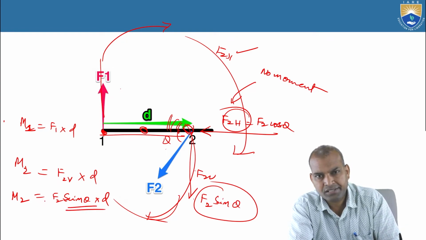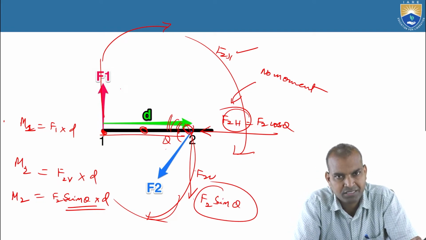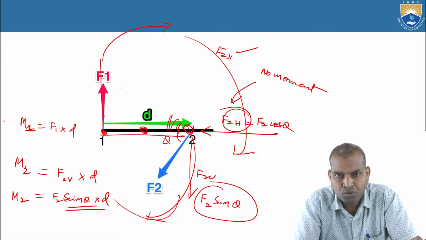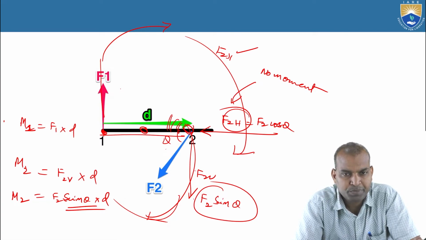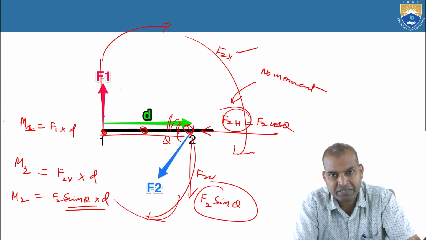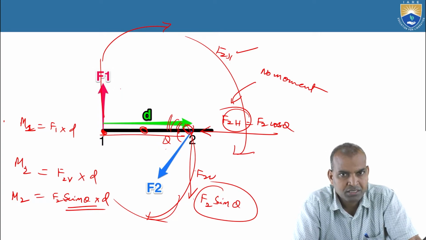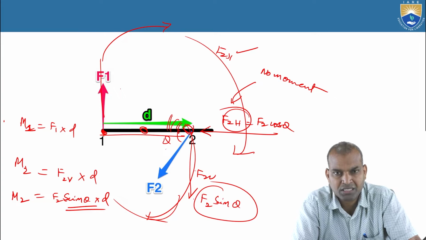The point is that the moment can be calculated if we know the force, the direction of action of the force, and the distance should be perpendicular. That is, the angle between the line of action of the force and the distance towards the point should be 90 degrees.